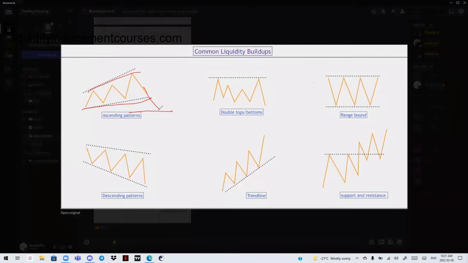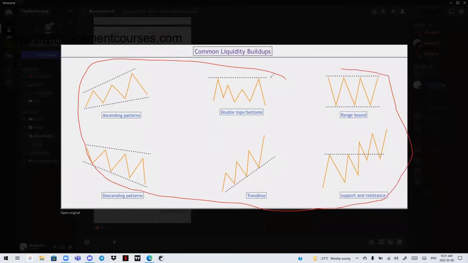We take the bias and look for an area to buy, and above this area will be liquidity. Obviously, we can take the sells. It's what happens every day, by the way, and sometimes all of these play out, depending on the time frame.